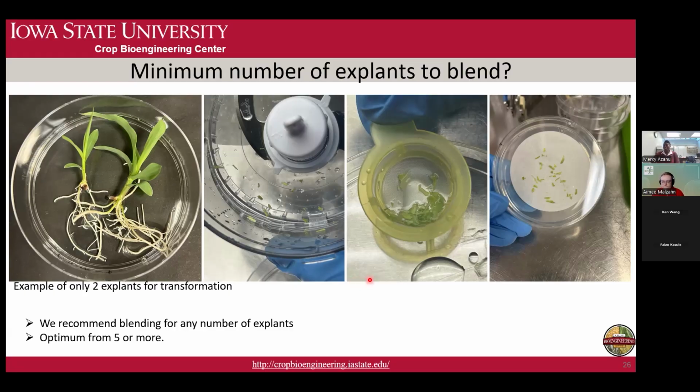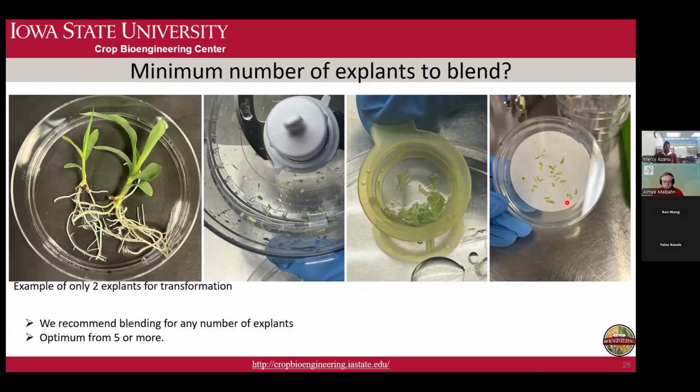Here is an example: we had just 2 seedlings after heat treatment, and we chopped them. You can see they look very small in the blender compared to the video that Faisal shared before. When you strain, this is how little it looks, and moving them, it was all on just one media.